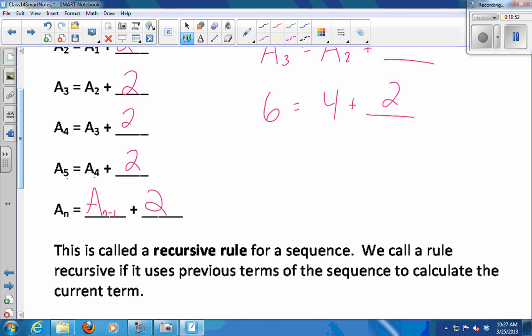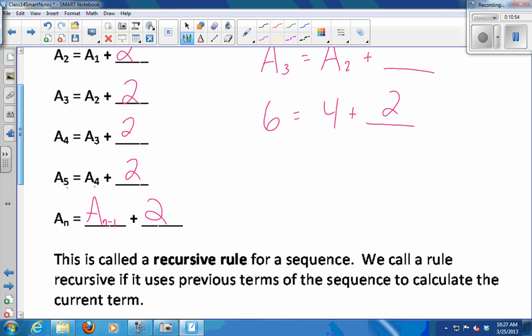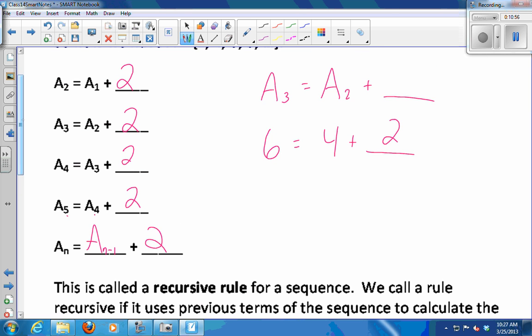So we established a pattern using these examples. A2 is A1 plus 2. A3 is A2 plus 2. A4 is A3 plus 2. If I want A2, I take A1, and the way 1 is related to 2 is that it's 2 minus 1.